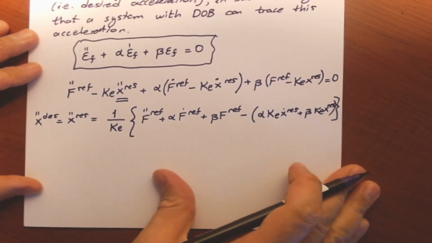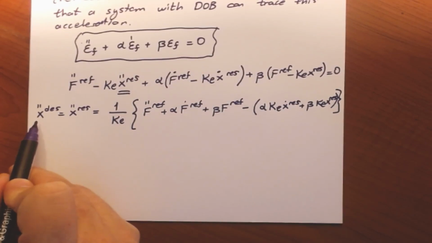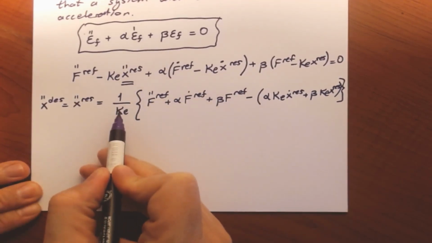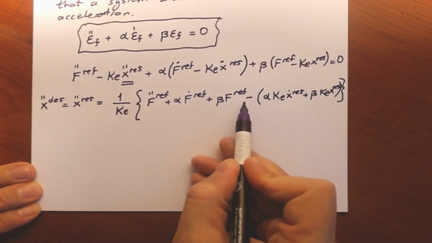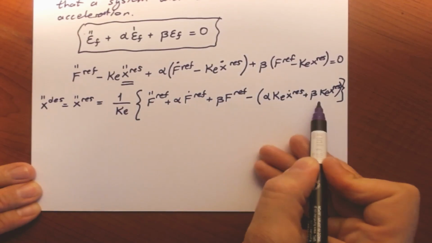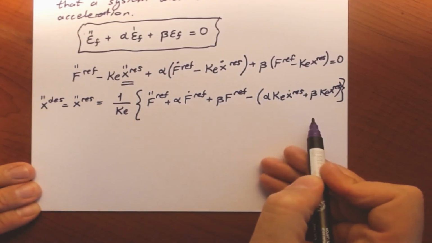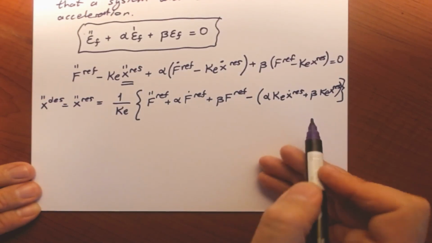So we now have our force control algorithm. The desired acceleration is equal to 1 over KE times the force dynamics minus the feedback from the system. Of course, this is only valid when you have a properly working disturbance observer in your system.